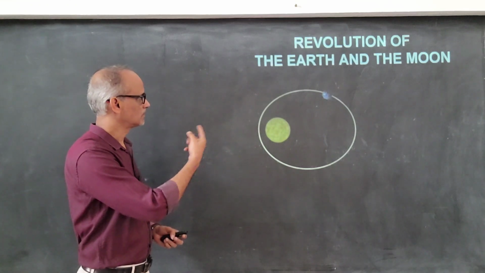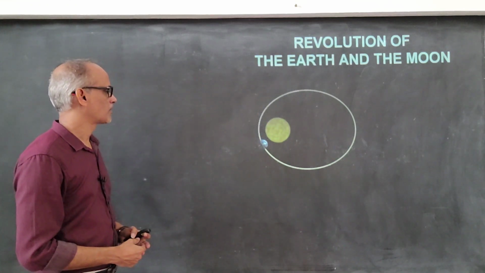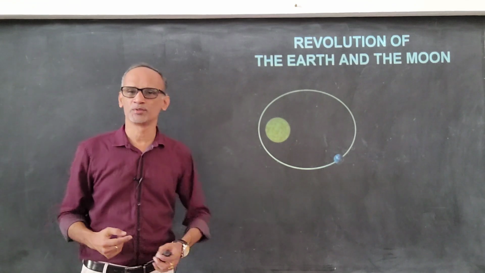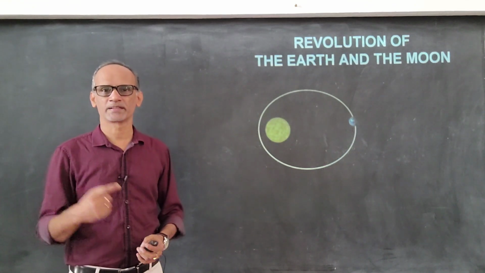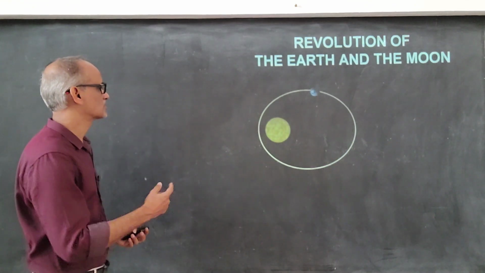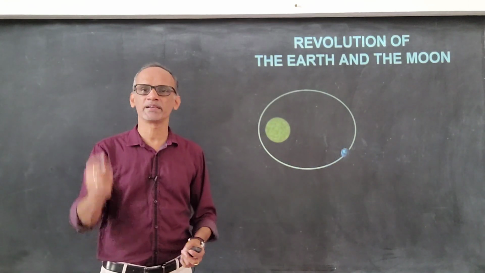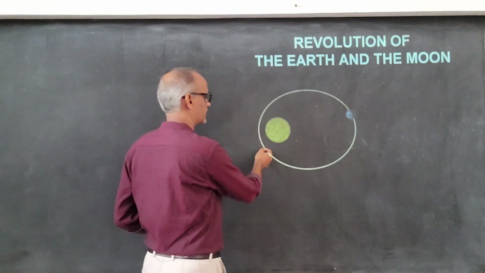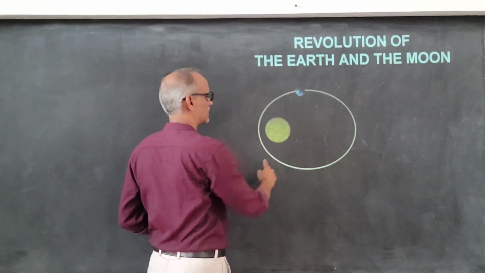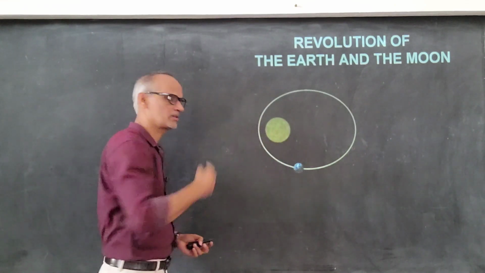This is more of a circular motion, not exactly a perfect circle, but nearly circular, and this type of motion is repetitive. It takes the same time to complete one revolution and then repeats that motion again and again.